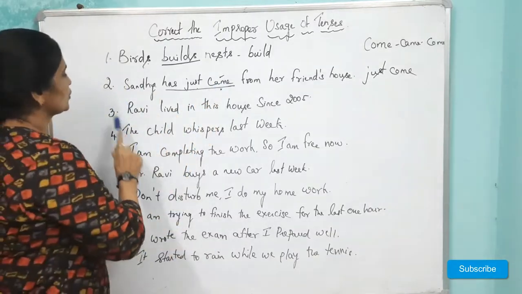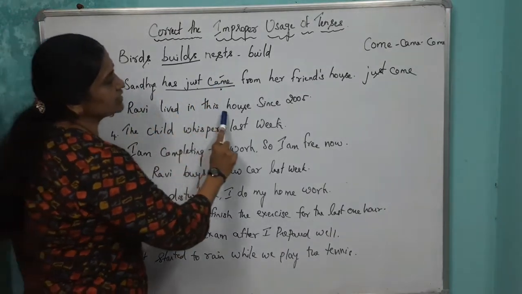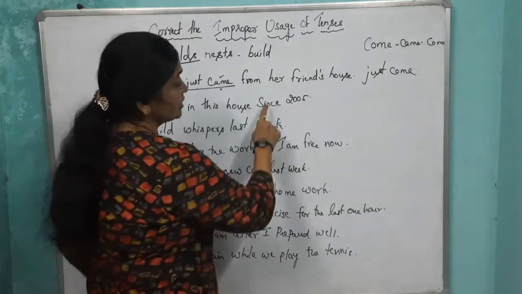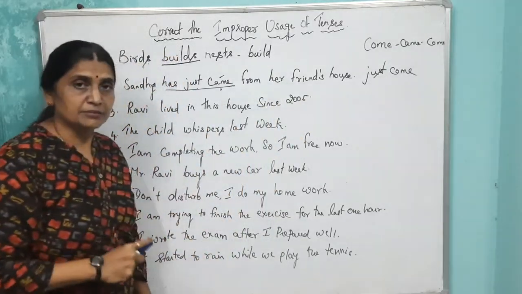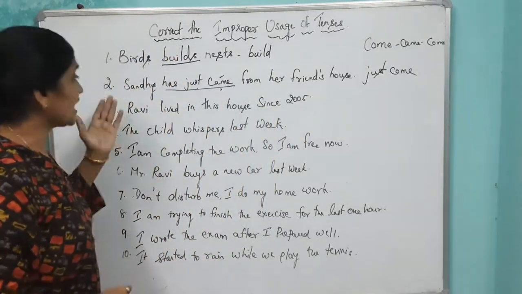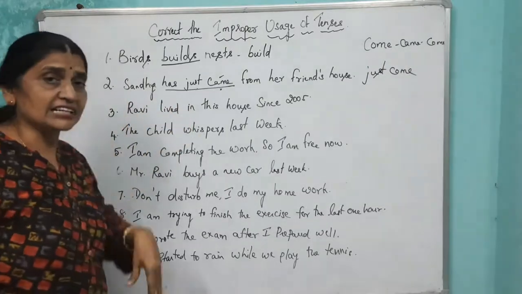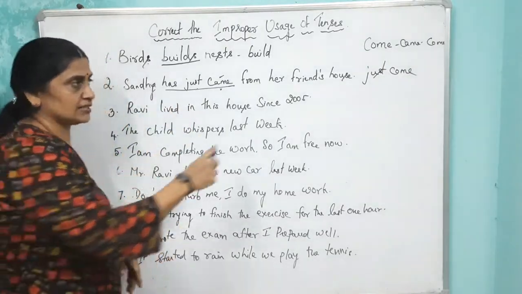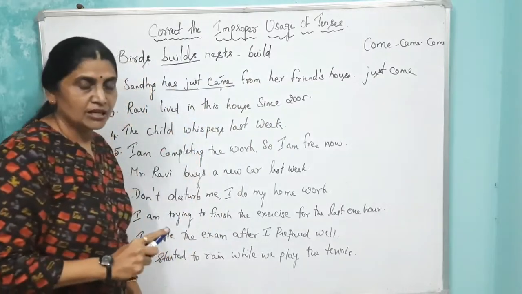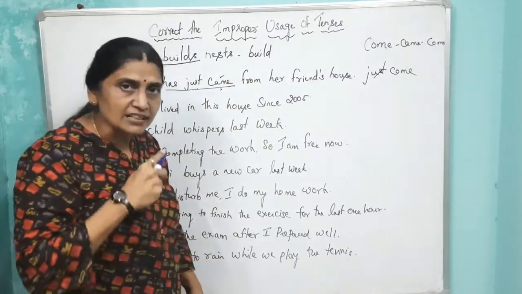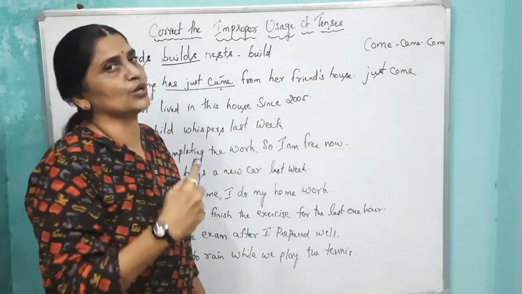Okay. Now we'll go to the third sentence. Ravi lived in this house since 2005. Since 2005 means the activity started sometime in the past, that is 2005. Now this is 2020. Still the action is going on.